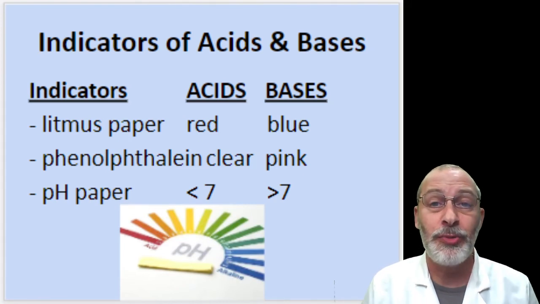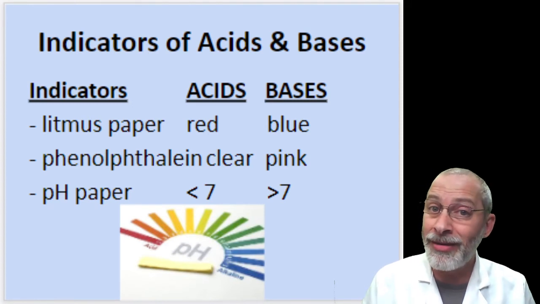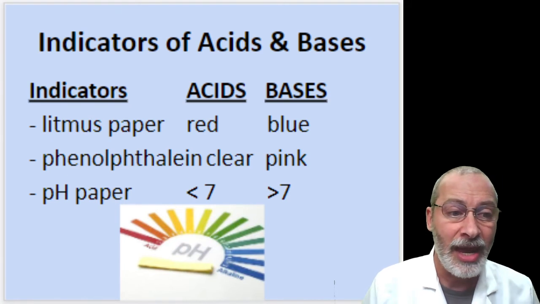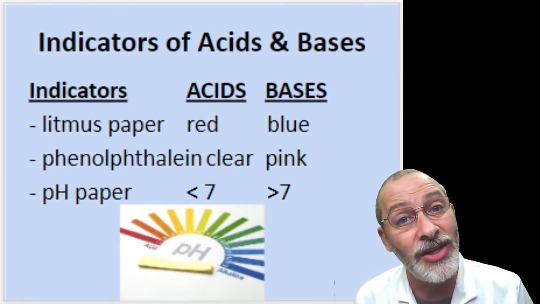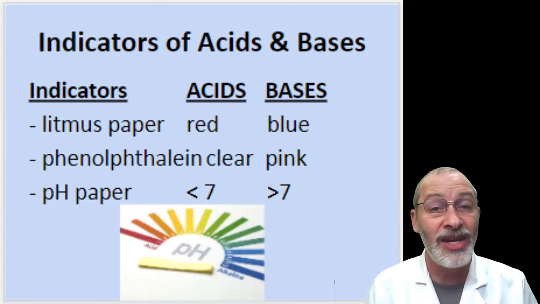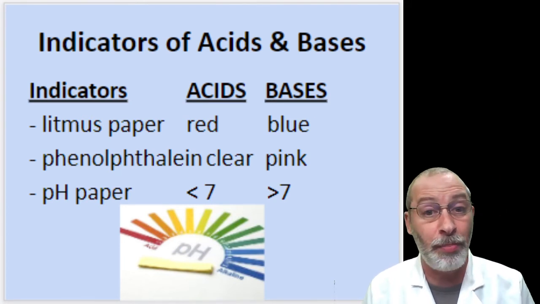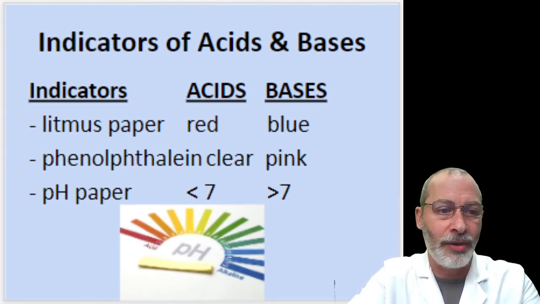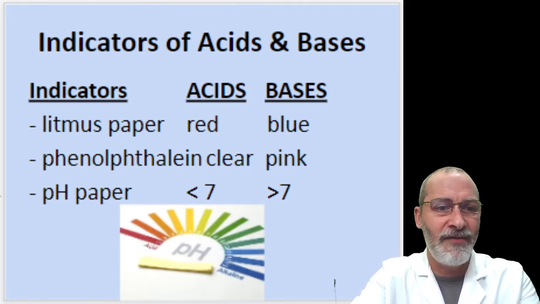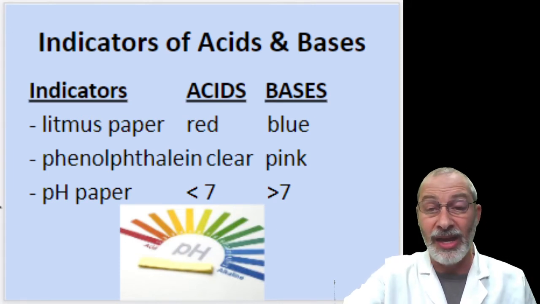So with pH paper, you match up the color to a number, and the numerical value of an acid will always be less than 7, and the numerical value of a base will always be greater than 7. So you're looking at the numbers that correspond to the color of pH paper, and that will tell you whether it is an acid or a base. So less than 7 is an acid, greater than 7 is a base.